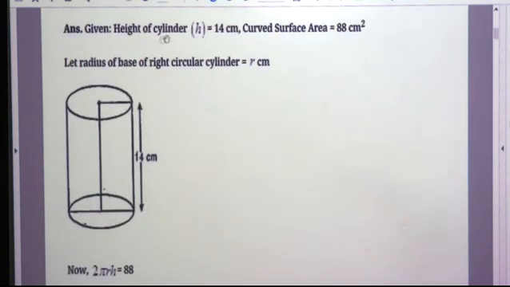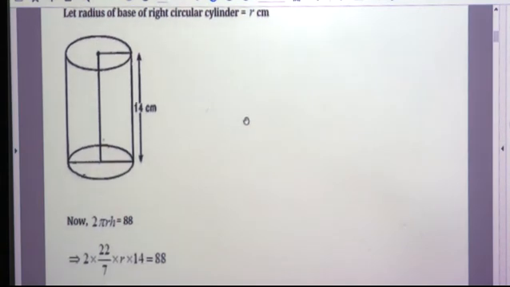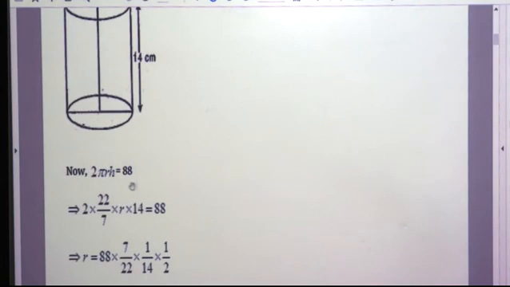Given height of the cylinder h is equal to 14 centimeter, curved surface area is equal to 88 centimeter square. Let the radius of base of the right circular cylinder be r centimeter. Curved surface area, what is the formula? 2 pi r h is equal to 88 centimeter square.